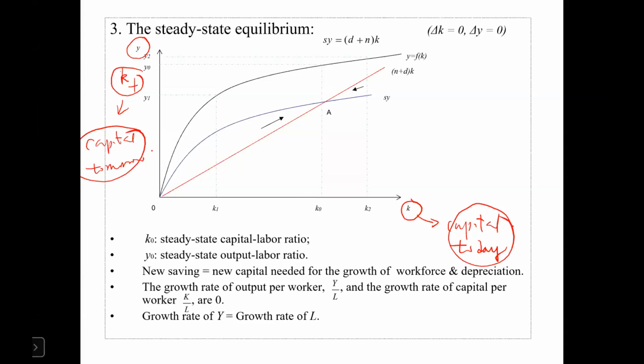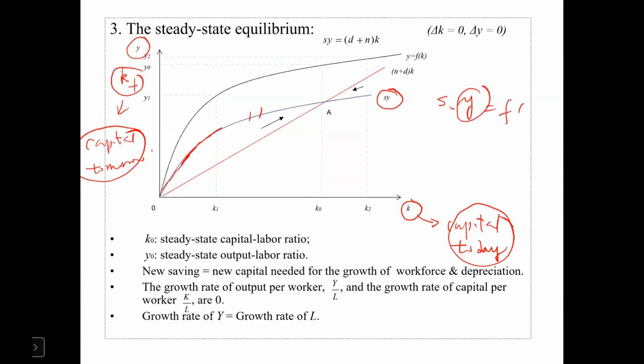So given this horizontal and vertical axis, now we are going to plot a few figures. This line is S times Y, and then Y you have a curve like this. This is because S is an exogenously given constant value. And Y equals what?